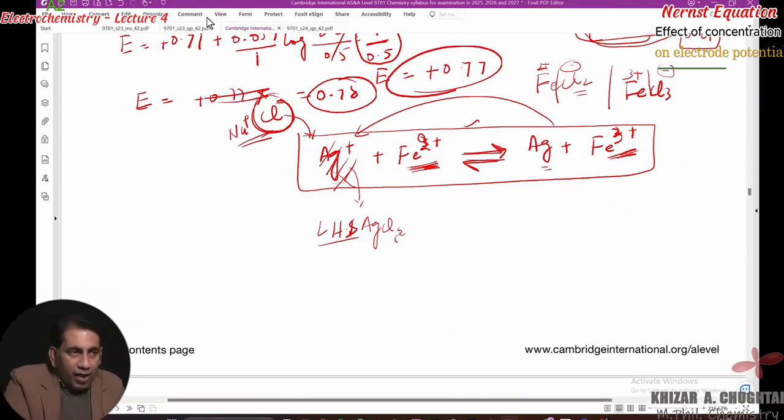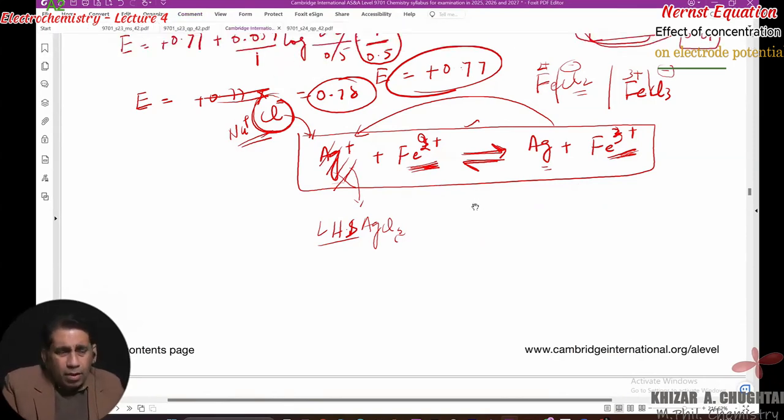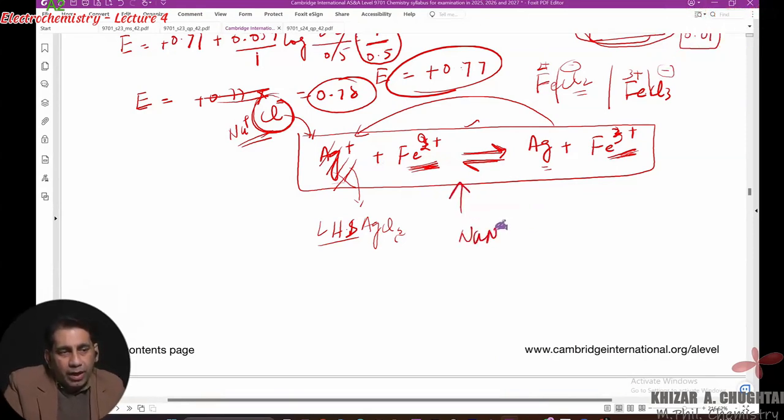Now, if I add any other component that is not going to make a precipitate with anyone, let's suppose I add nitrate ion in the form of sodium nitrate.